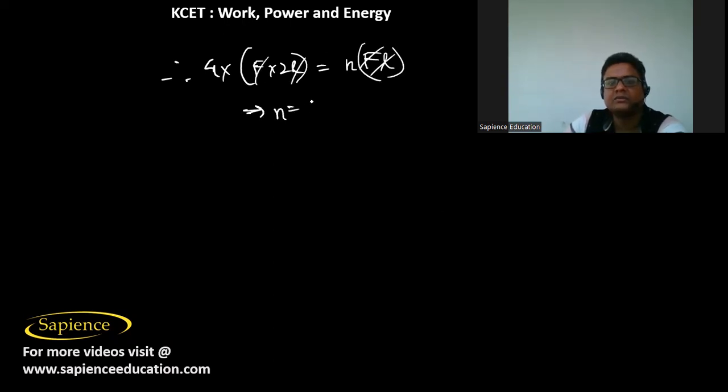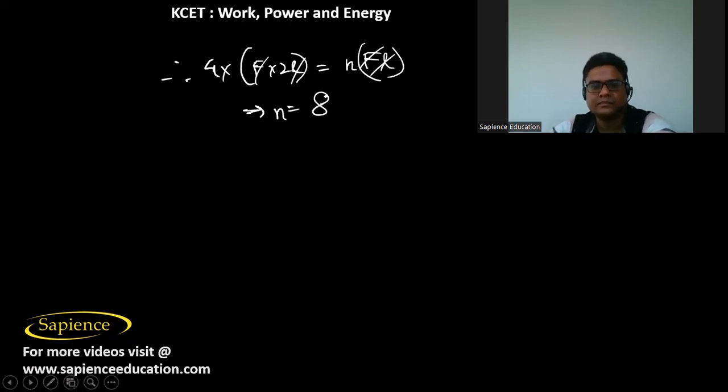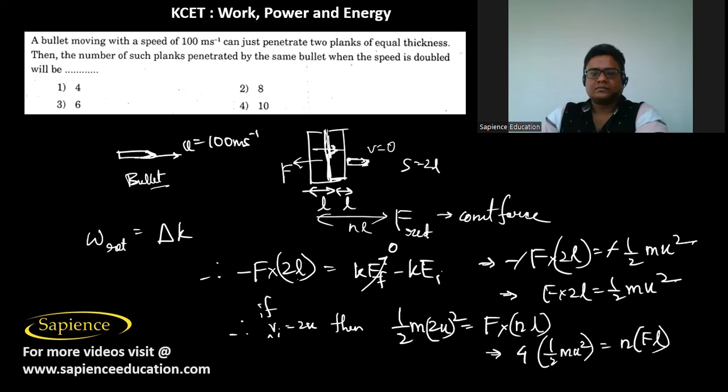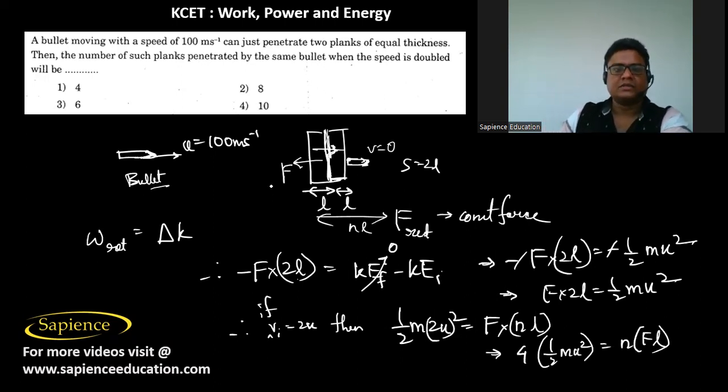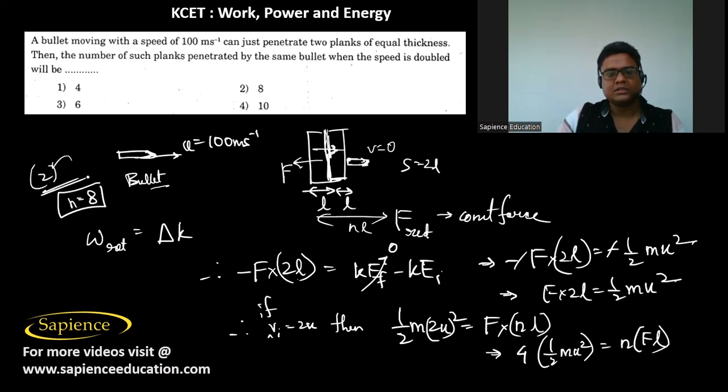So n will be equal to 8. So it means 8 planks can be just penetrated by the same bullet when the speed is doubled. So option 2 is the correct answer.